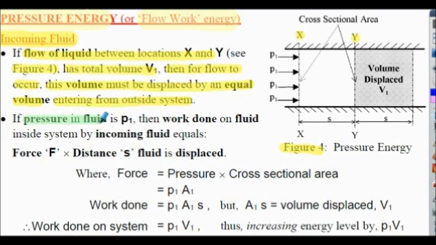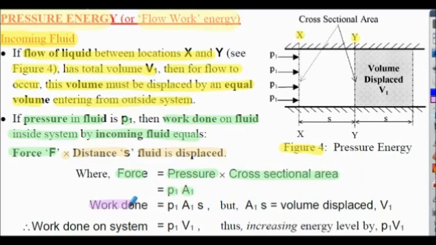If pressure in the fluid is P1, then work done on the fluid inside the system by incoming fluid equals force F multiplied by distance S that the fluid is displaced. Note that force is equal to pressure multiplied by the cross-sectional area of our pipe, so that's P1 multiplied by A1 at section 1.